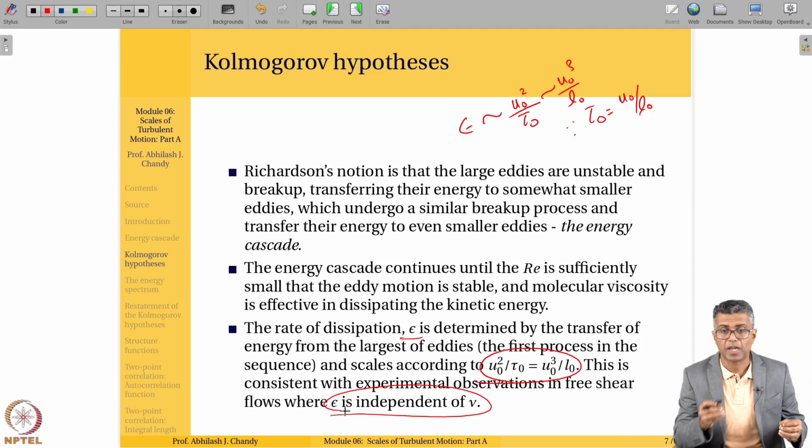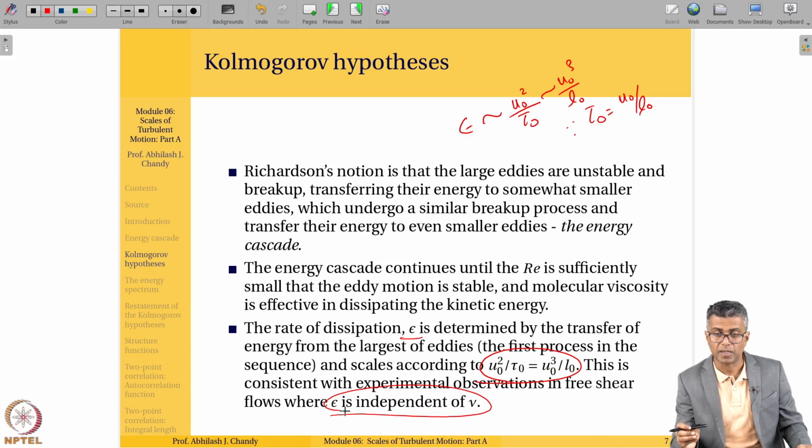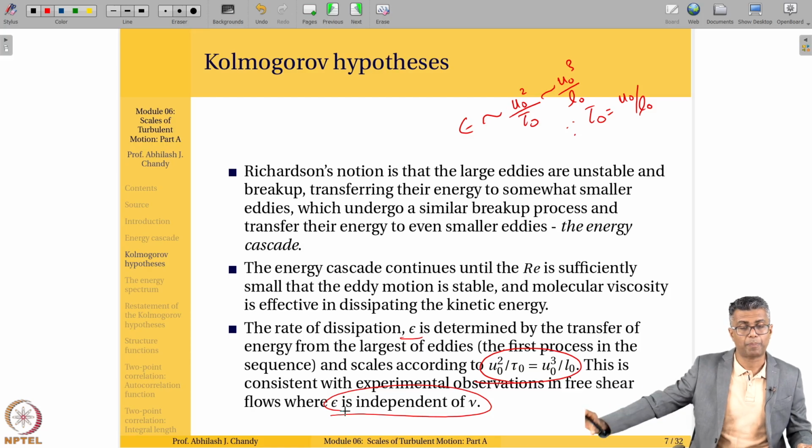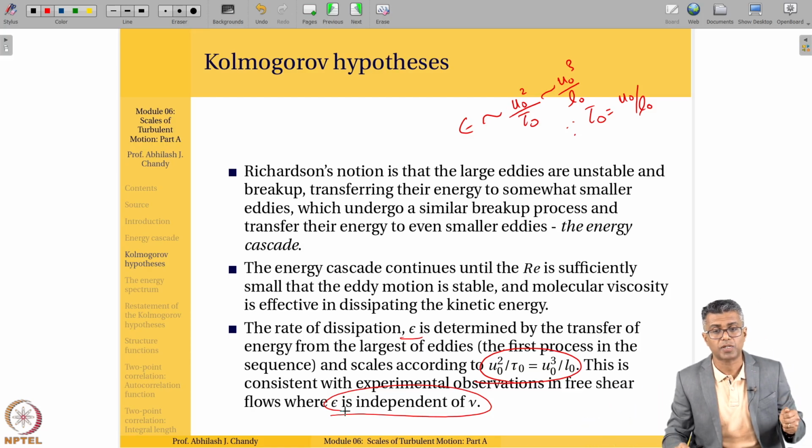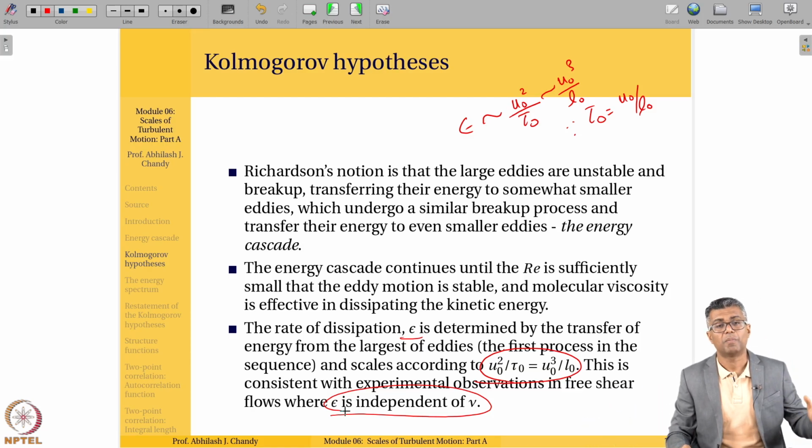The large scales are breaking up into smaller and smaller scales. That's the energy cascade. And there is a dissipation that happens at the small scales, and this is determined by the transfer of energy from the large scales to the small scales, because that is the first step in the process.